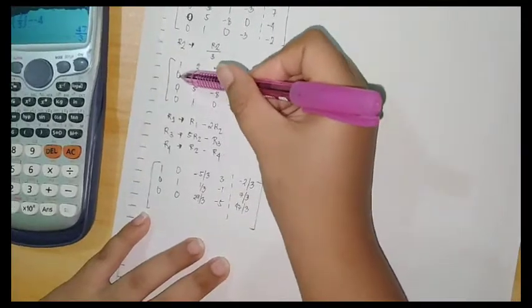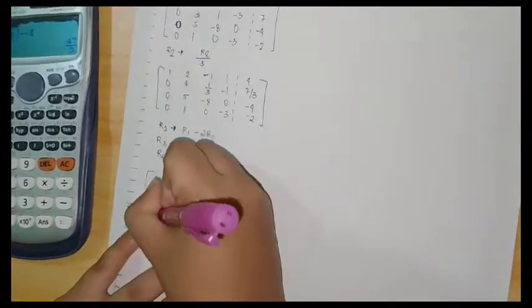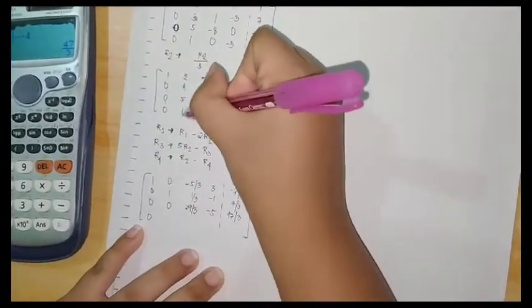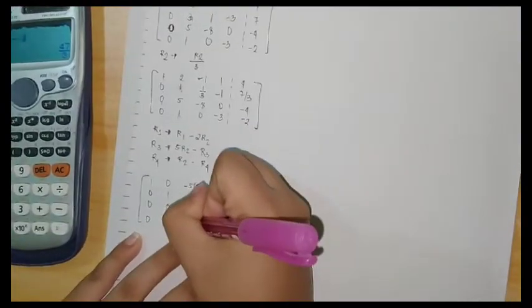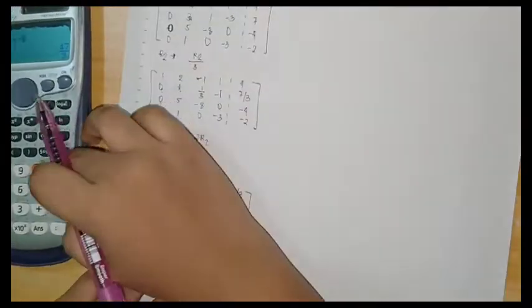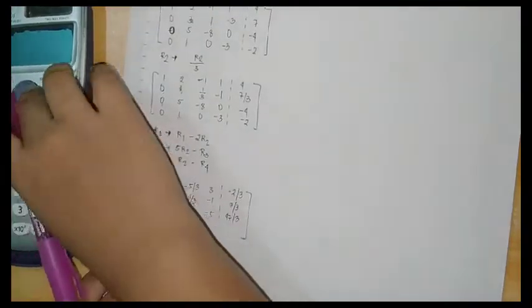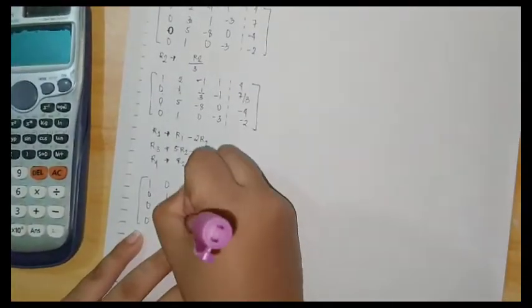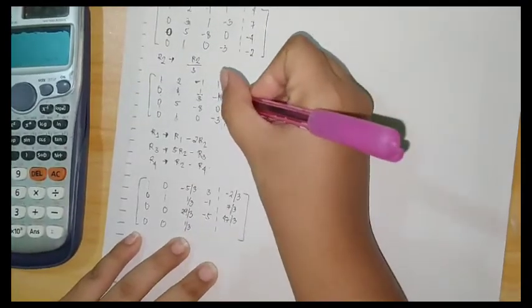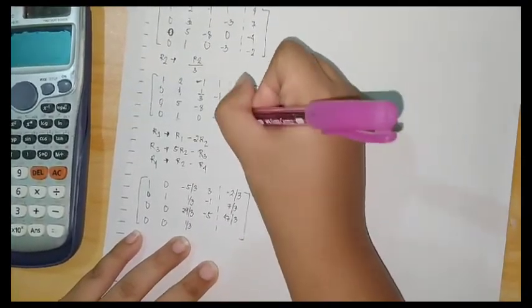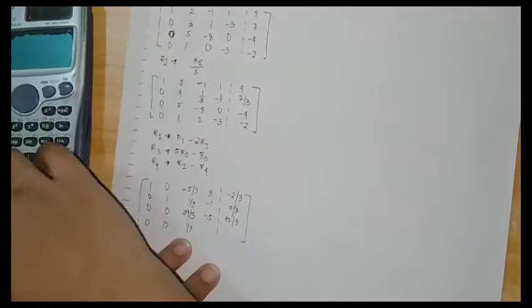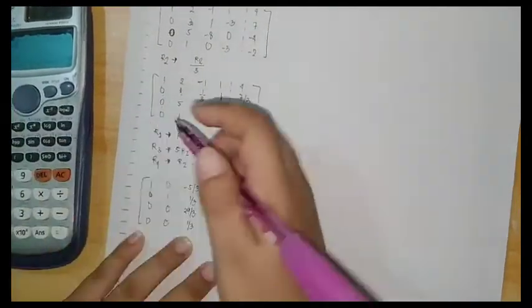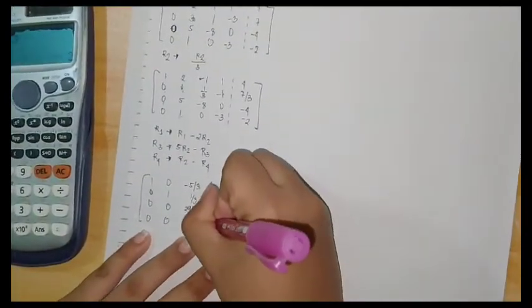So for row 4, to find the new row 4, we have R2 minus R4. So 0 minus 0 is equal to 0. 1 minus 1 is equal to 0. 1/3 minus 0 is equal to 1/3. And then negative 1 minus negative 3. We have positive 2.